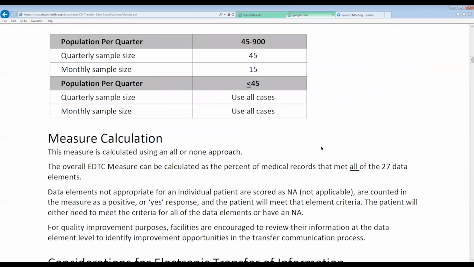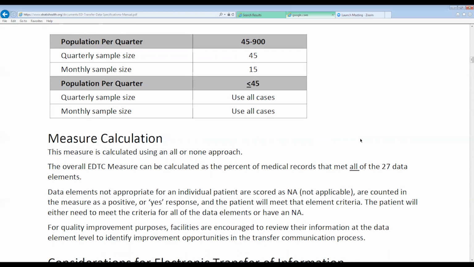Measure calculation: this talks about how you've got all the different data elements, but when you come down to the measure, if they haven't met them all, you really haven't met the purpose of the measure. It isn't good if some of the data elements get sent and others don't, but when it's broken down by data element, you can see if there's a certain area that you're falling down on.